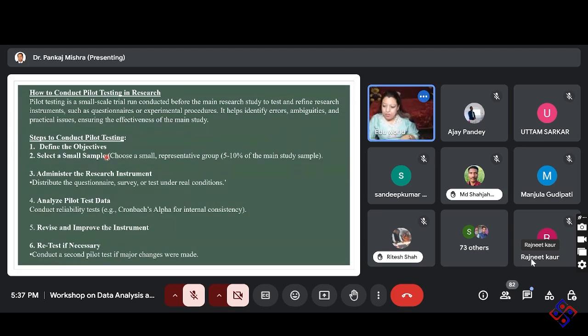Anyone who is having any idea about this generalization? Generalization is when you have framed something, and you want to see whether that framing or testing can be applied to the whole population or not. That is generalization.